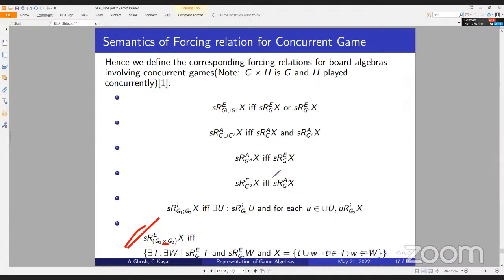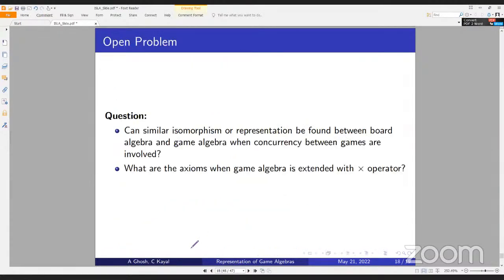You extend that game algebra with this cross operator, and can we find an isomorphism between them? Also, what are the axioms when the game algebra is extended with the cross operator? You don't just have and, or, dot and negation; you also have the cross operator. What are the axioms, and how does this operator play with the other operators? This remains to be investigated.